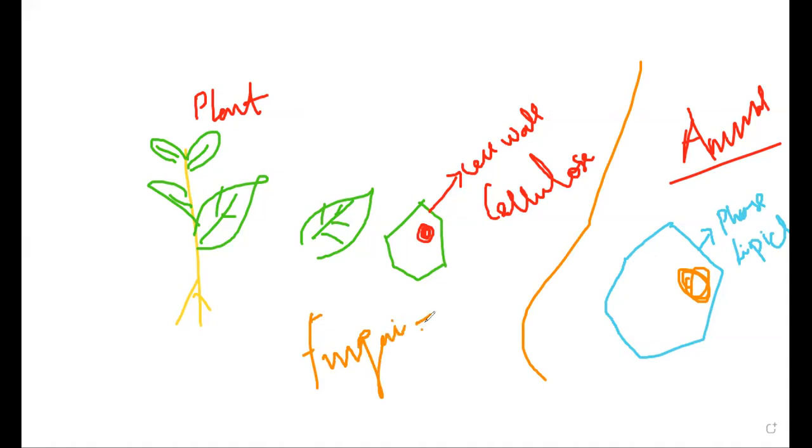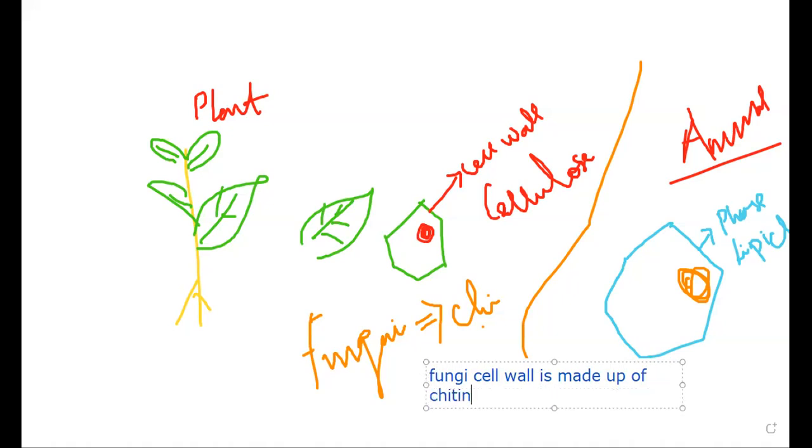The fungal cell wall is made up of chitin. Here I will type it, which is better for your understanding. Fungal cell wall is made up of chitin, C-H-I-T-I-N. This is a very, very important idea.